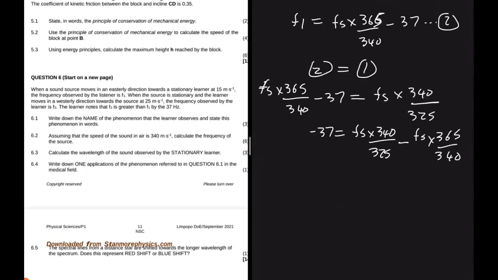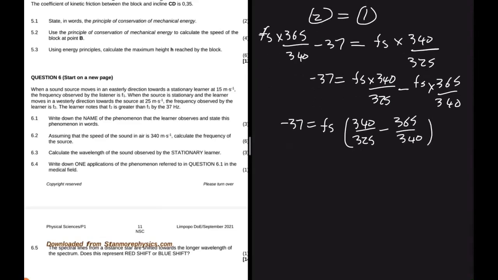If we take Fs as the common factor on the right hand side, we get minus 37 equals Fs multiplied by (340 divided by 325 minus 365 divided by 340).